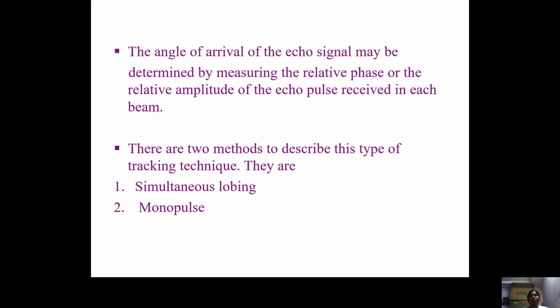There are two names to describe this type of tracking technique: simultaneous lobing and monopulse. Simultaneous lobing means we use more than one lobe, more than one antenna beam, and since we consider a single pulse for processing at the receiver, it is known as monopulse.